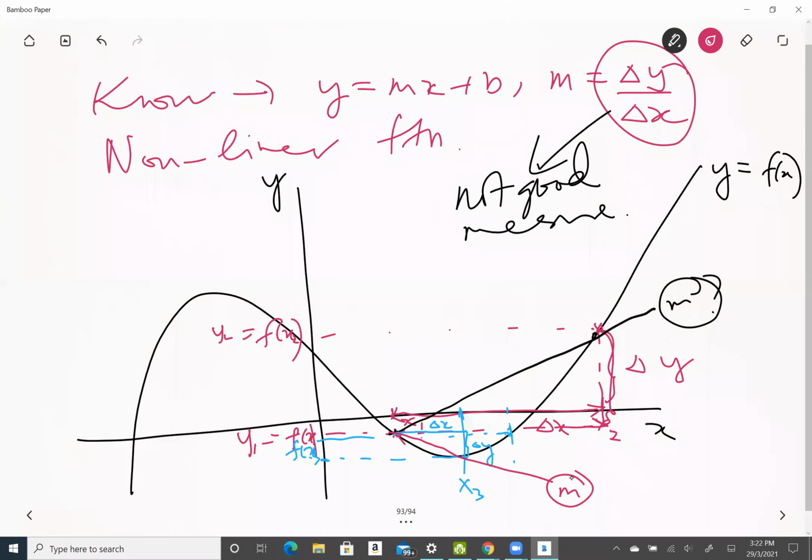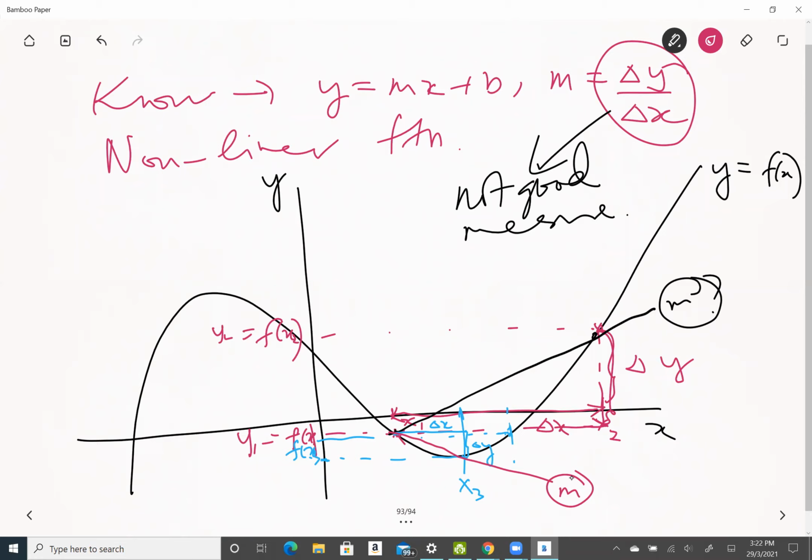Because for the second one, you see the straight line m is closer to the curve. So as you make the change in x smaller, you see that already. The straight line which you got for the slope is closer to the curve. So it's a better estimate than the one you had before, because the one you had before is too far from the curve. So it's not a good one.